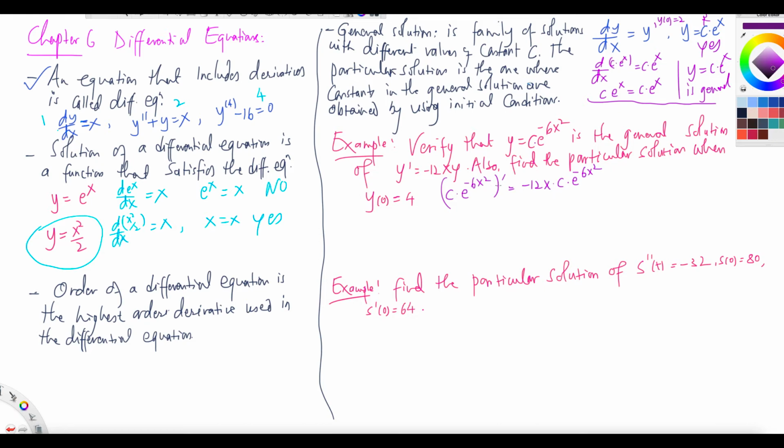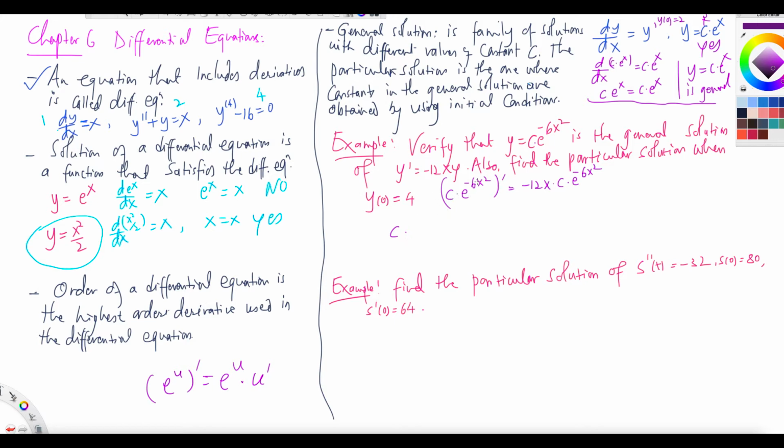Let us find out the derivative. So you can pull c outside and find the derivative of e to the negative 6x squared. Do you remember the formula for the derivative of e to the u? The derivative of e to the u will be e to the u times u prime, right? That's what we are trying to use here. So c is constant, so I pull that out from the derivative.